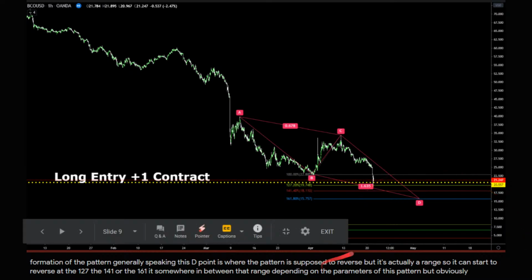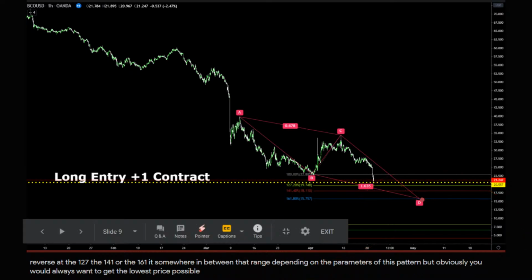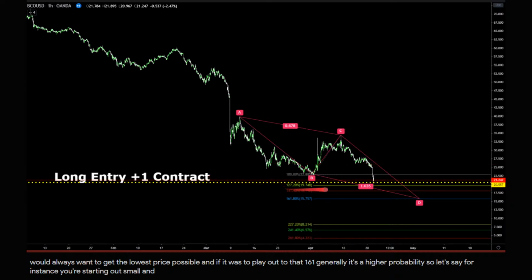But obviously, you would always want to get the lowest price possible, and if it was to play out to that 161, generally it's a higher probability. So let's say, for instance, you're starting out small and you see that it's hit the 127 on a nice plunge down, and you buy one contract.